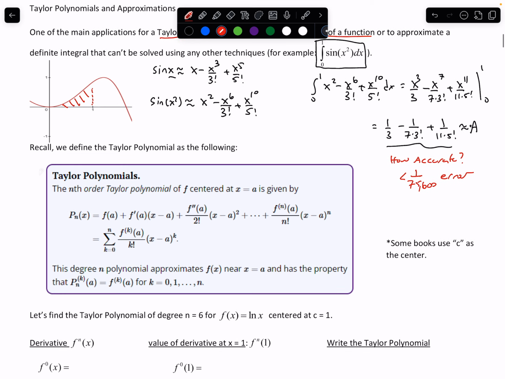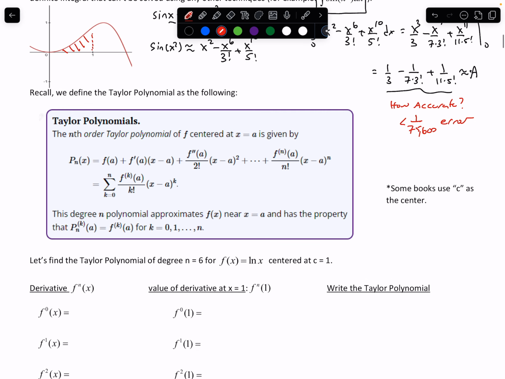All right, so what is a Taylor polynomial? A Taylor polynomial is just a way to approximate a function. That's all it does. We call these nth order, where n is what we call the degree of our Taylor polynomial. For the most part, it's like the number of derivatives that we've taken.